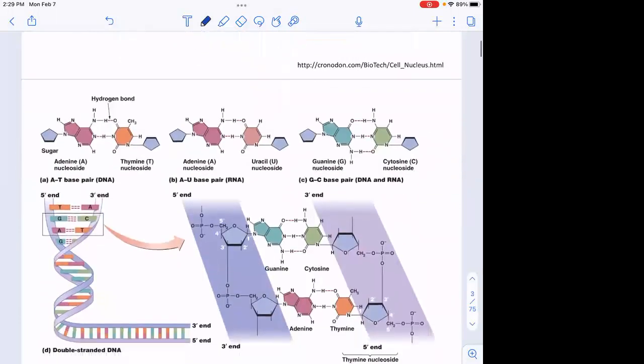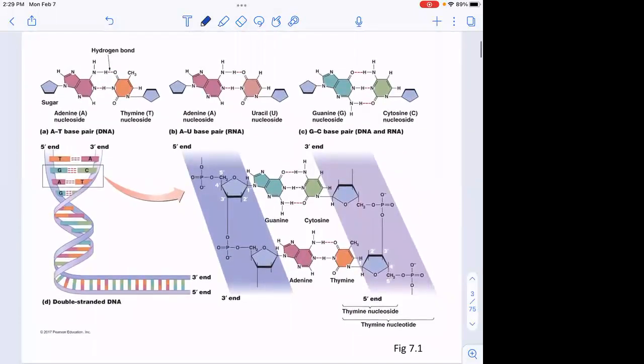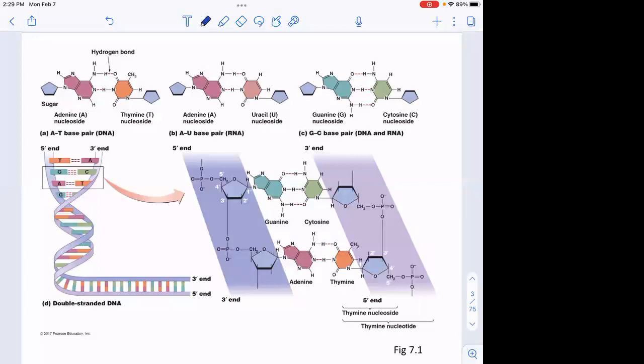Then your book goes into a little bit more detail here. This is helpful just to kind of orient us. Of course, double-stranded DNA, that structure was elucidated by Watson and Crick in a very famous one-page paper, I think 1953. They didn't do any experiments to figure out the structure.